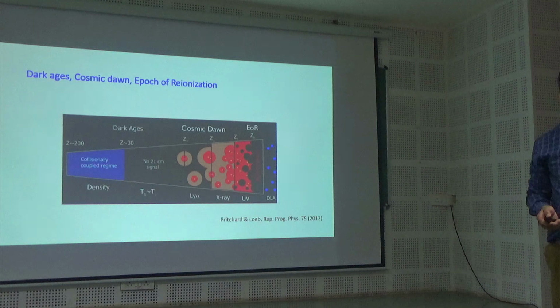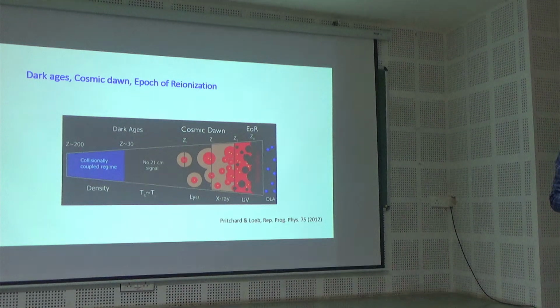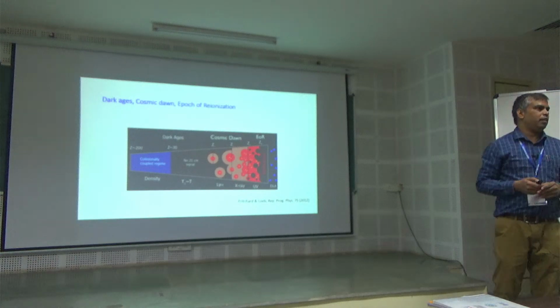So let's start with this very familiar picture. This shows how our universe evolved through cosmic time. Our universe started with the Big Bang, and then during the recombination epoch, proton and electron combined to form neutral hydrogen, and that happened around redshift 1100.